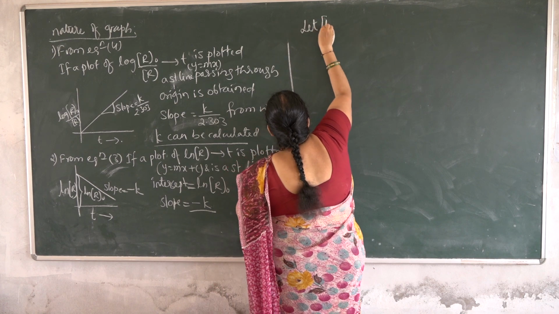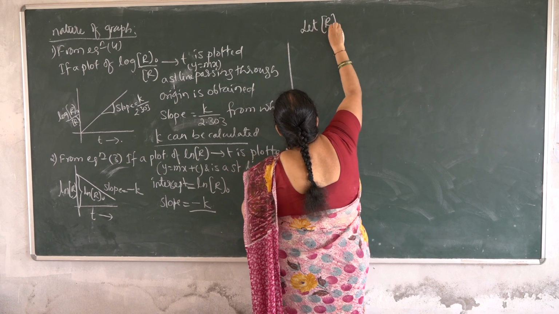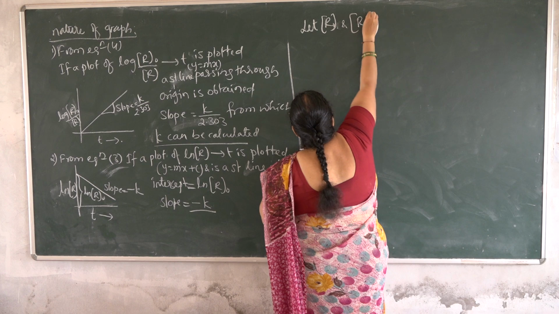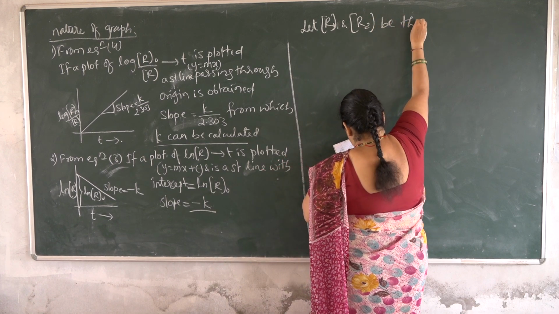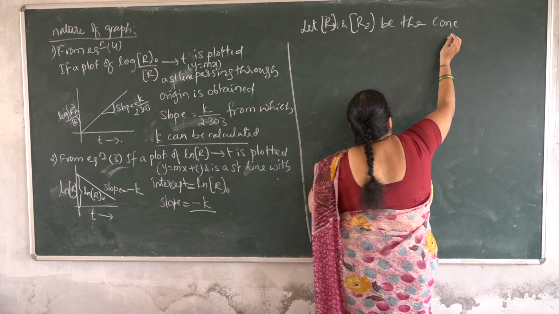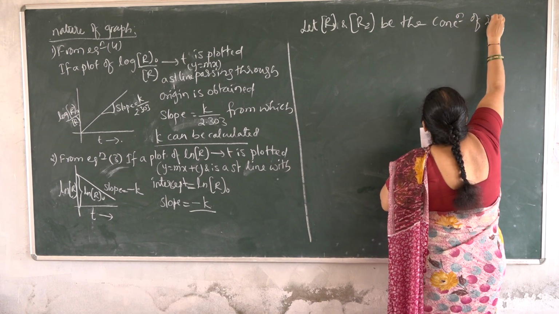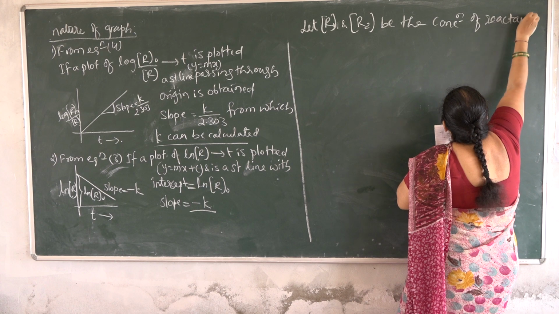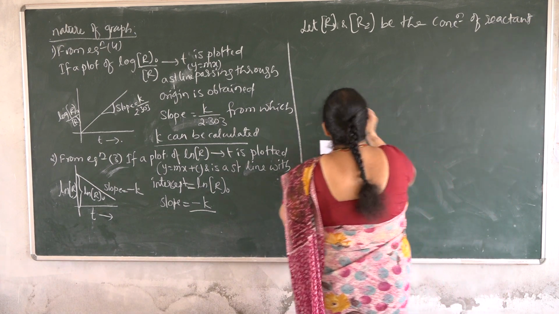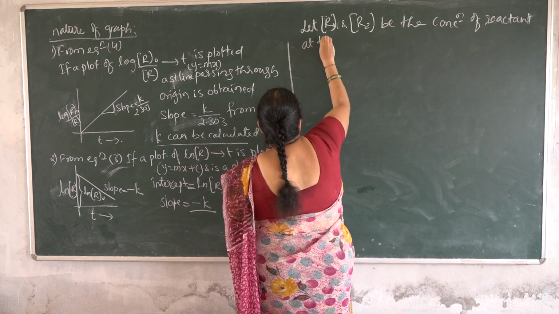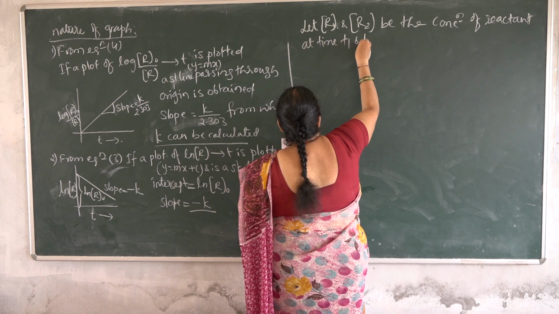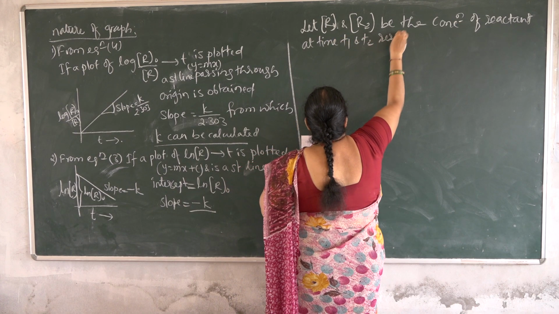Let concentration R1 and concentration R2 be the concentration of reactant at time t1 and t2 respectively.